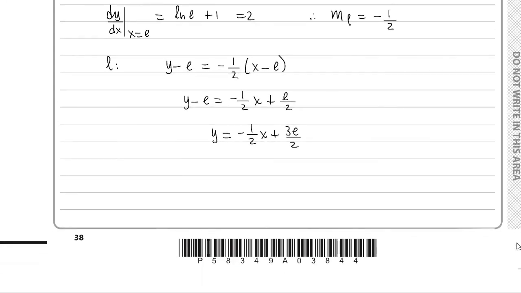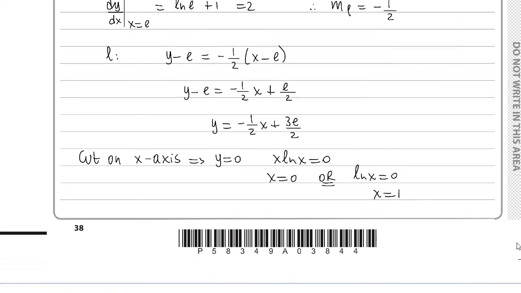If we have a cut on the x-axis, this means that y is 0 and we have x ln x is 0. Either x is 0 or ln x is 0, so x is 1.